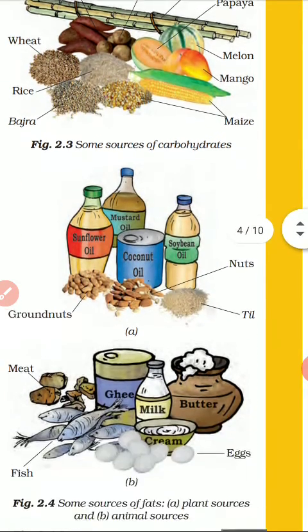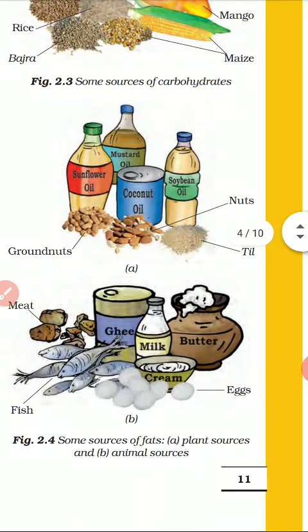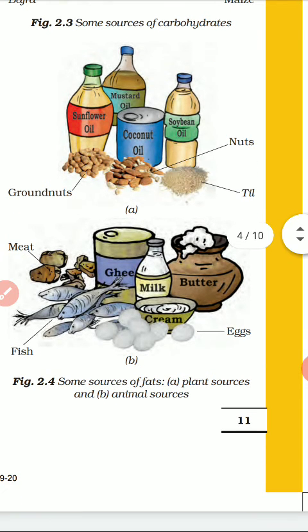The next energy giving food is oils and fats. Different types of oil from different seeds are given here in the picture: almond oil, coconut oil, soybean oil, mustard oil, and so on.